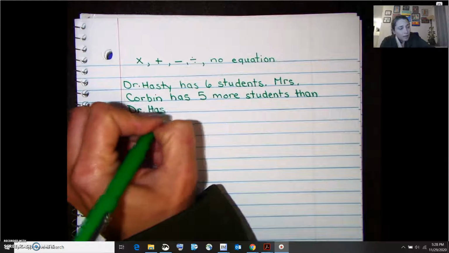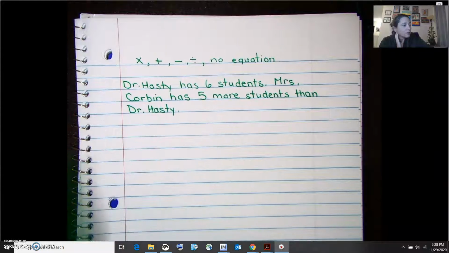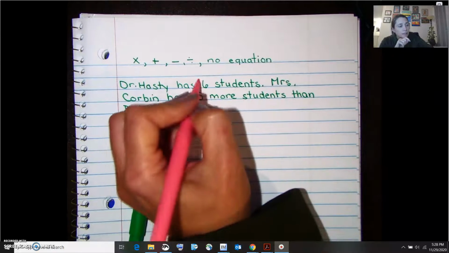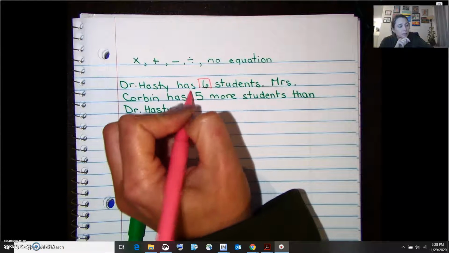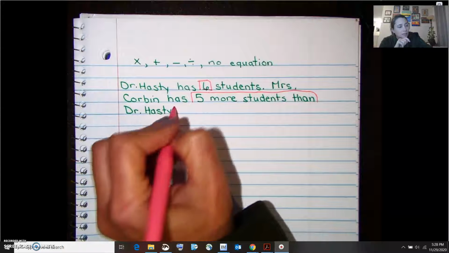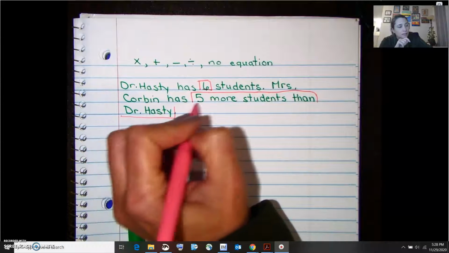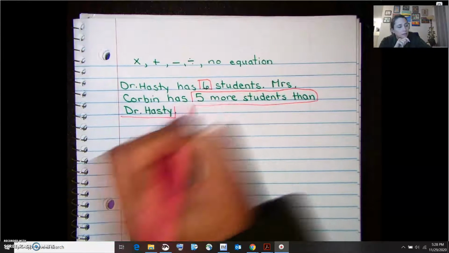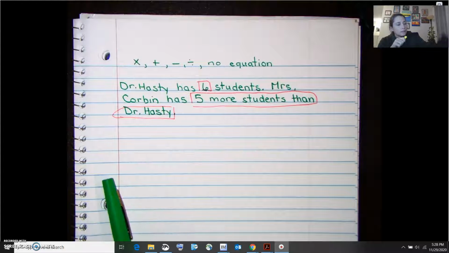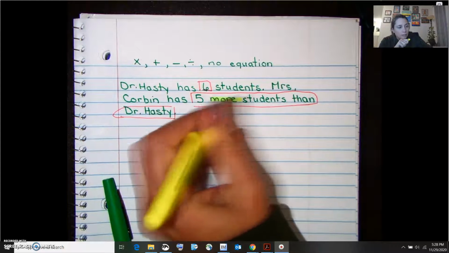Okay, so now we have to find out our information. We know that Dr. Hasty has 6 students, and Miss Corbin has 5 more students than Dr. Hasty. My math word on here is more.